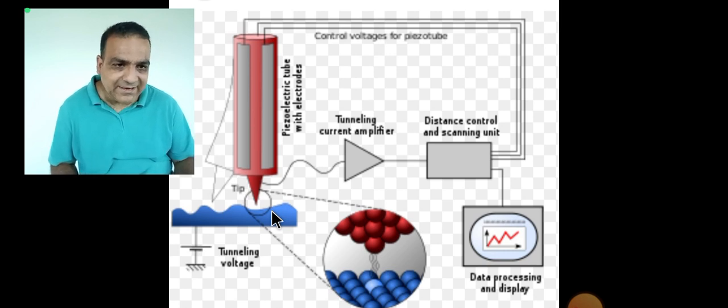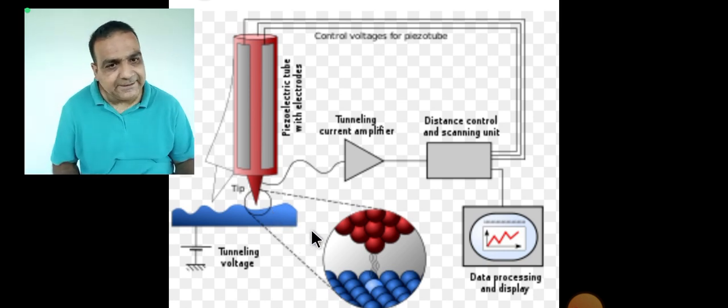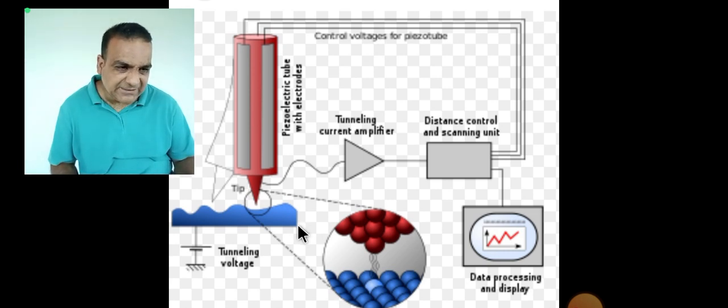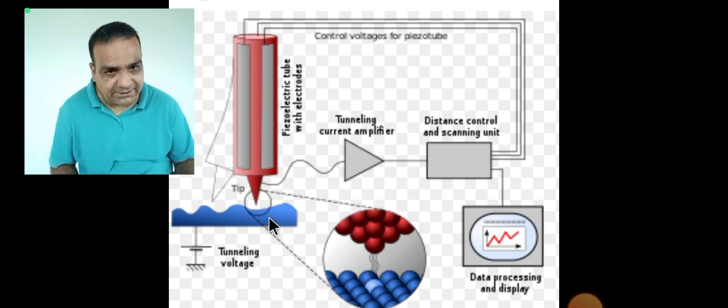The next important point is that the tip and the sample gap should be conductive to facilitate the flow of current and enable quantum mechanical tunneling.